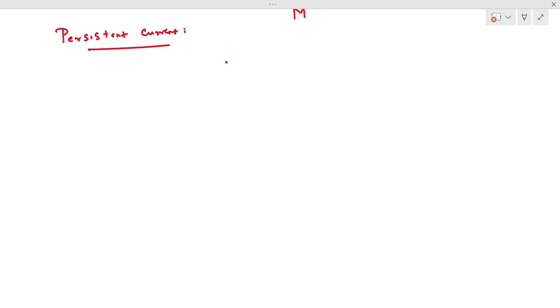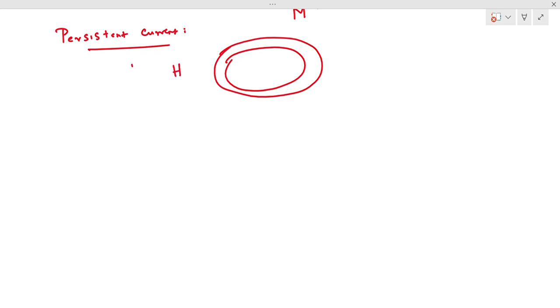It is kept in an external magnetic field. Thereby, current is induced in the material by electromagnetic induction.